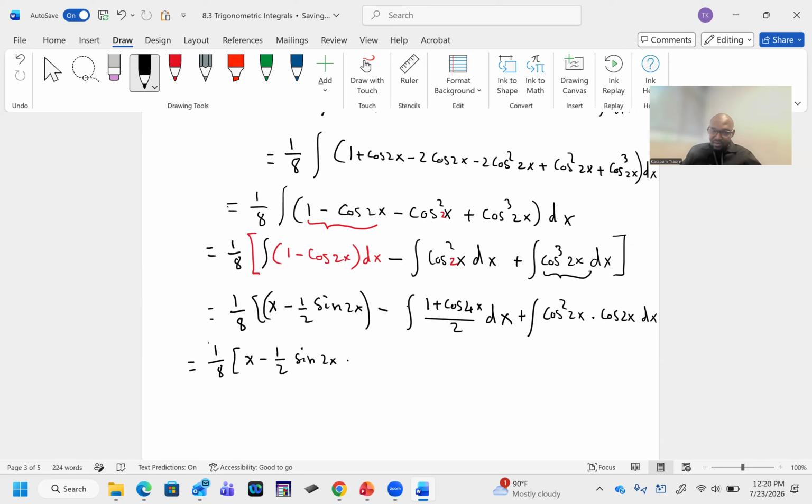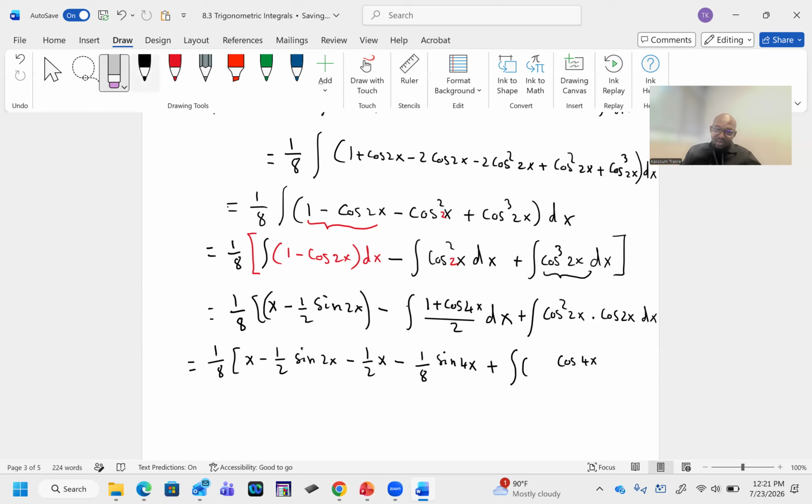This will be minus 1/2 x, and the antiderivative of cosine is sine, so minus 4 times 2 is 8, 1/8 sine of 4x, and then plus this now will become the integral of 1/2 plus 1/2 cosine of 4x, which means I can take 1/2 out, right? So I will have no fraction inside.